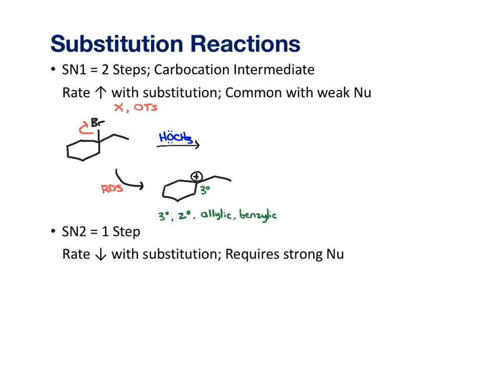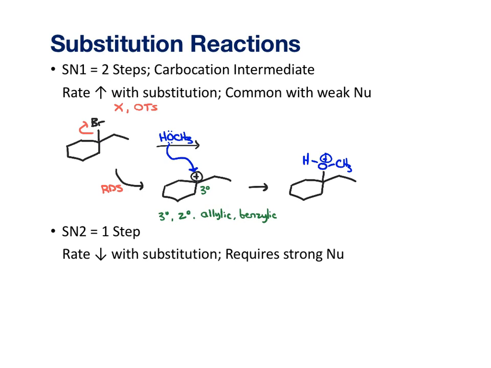Once you get the carbocation, now the nucleophile can get involved. We use the lone pair on the oxygen. That attacks the carbocation. In this case, because it was neutral, once we add it, you still have that proton attached.